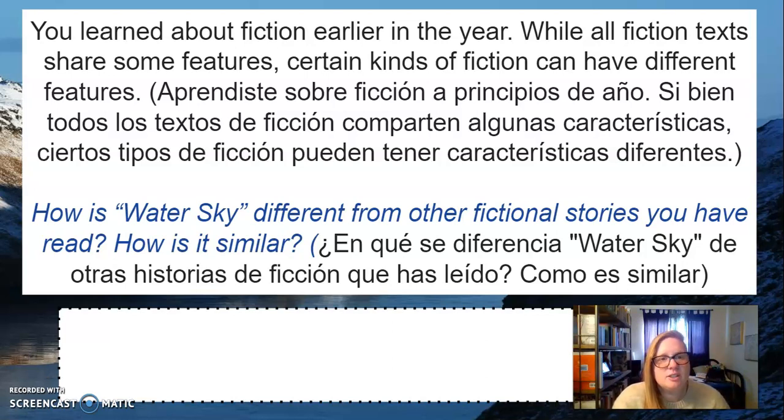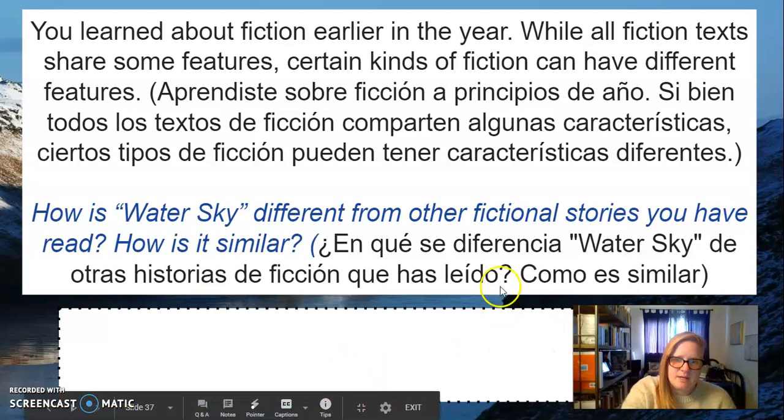Okay, so you learned about fiction earlier in the year. While all fiction texts share some features, certain kinds of fiction can have different features. How is Water Sky different from other fictional stories you've read, and how is it similar? So I want you to put your ideas right here.